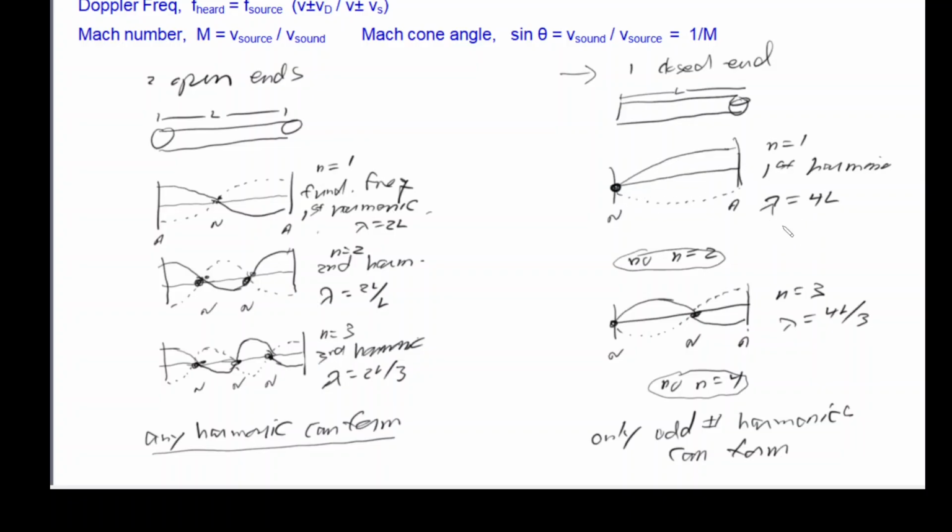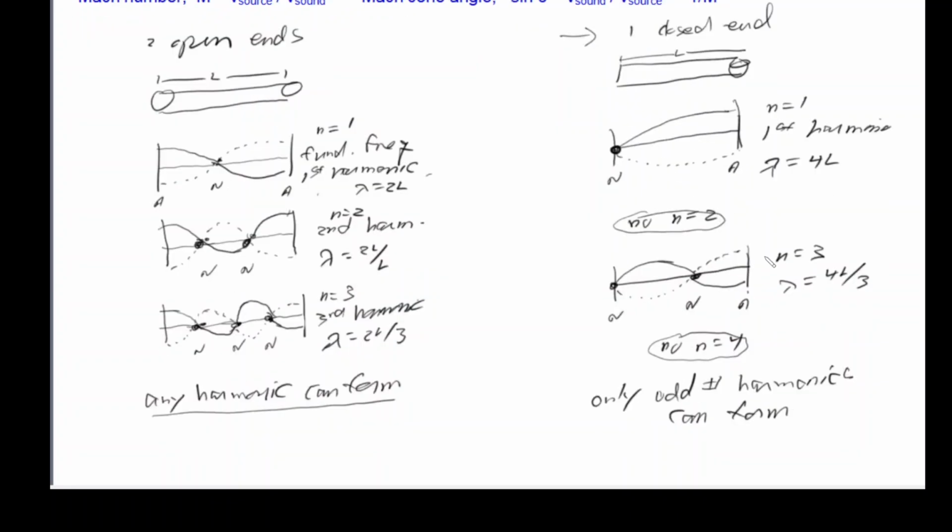That's why a full wavelength is equal to 4 times L, the length of the pipe. You could see that you can't get standing waves where n is an even number, like n equals 2 or n equals 4. So basically, with a closed-ended pipe, you can only get odd harmonics.